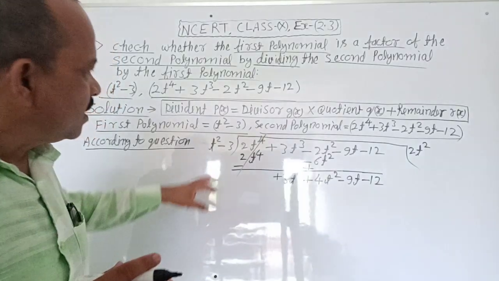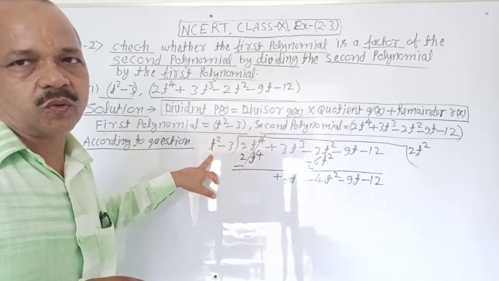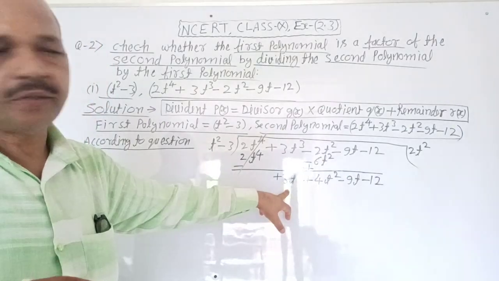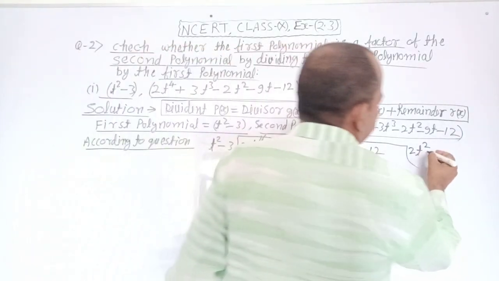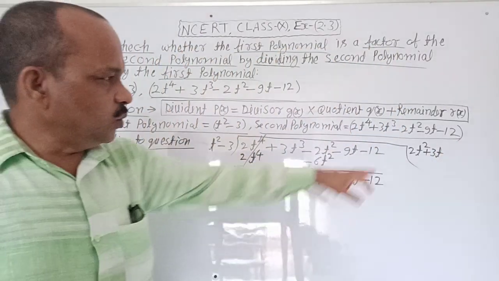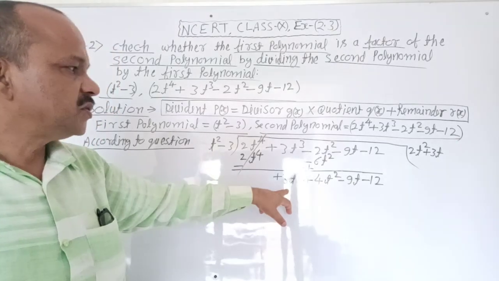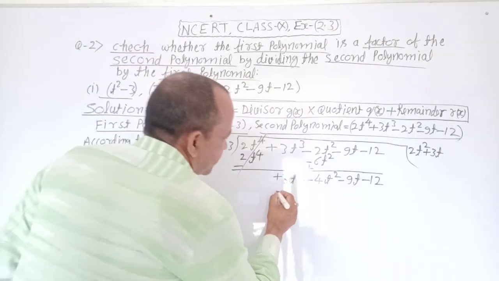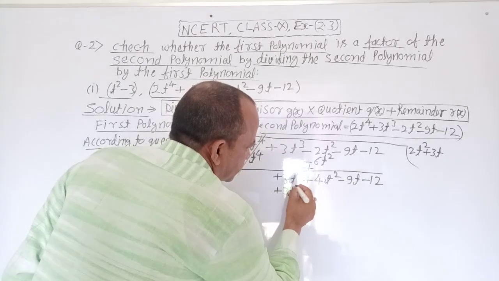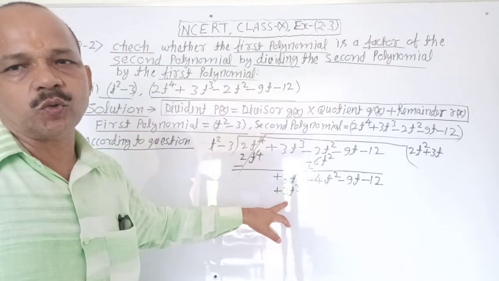Very good. Now you divide 3t cube by t square. You find 3t. So you write here plus 3t. Now you multiply 3t and t square. It becomes 3t cube. It means 3t cube and 3t cube are the same.